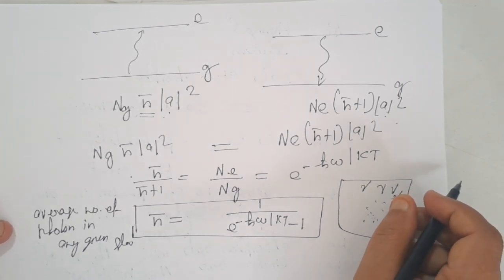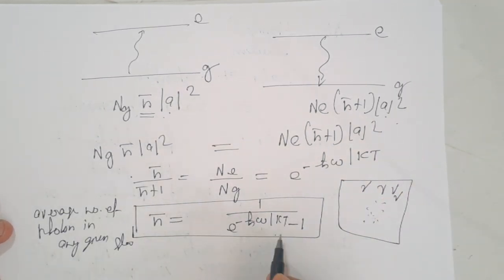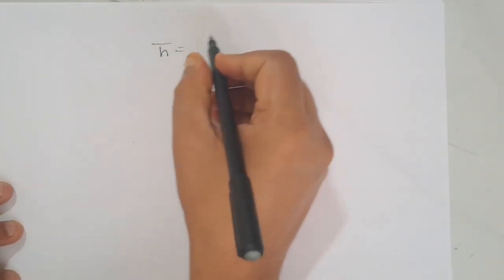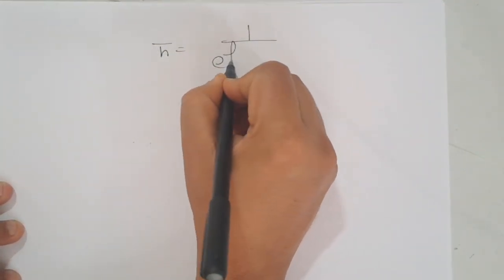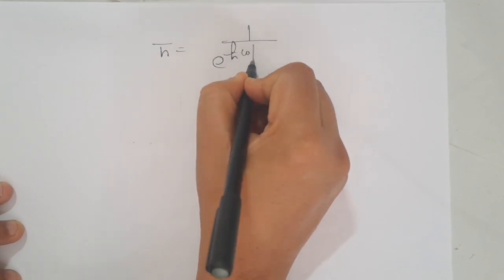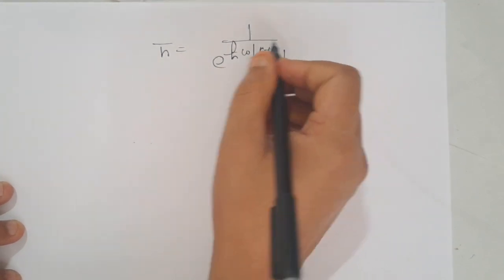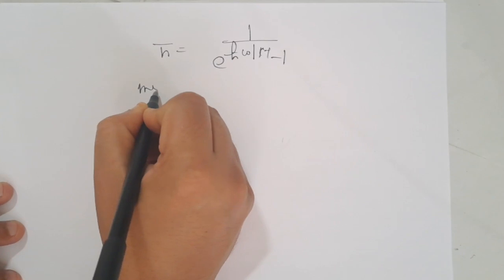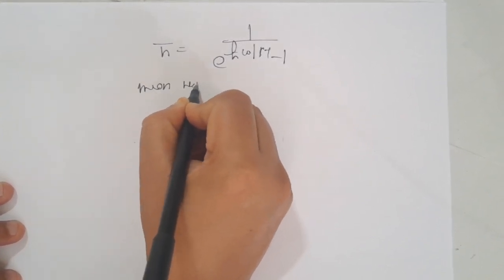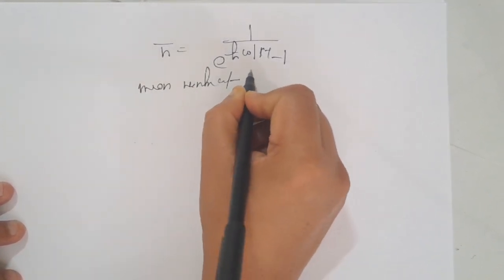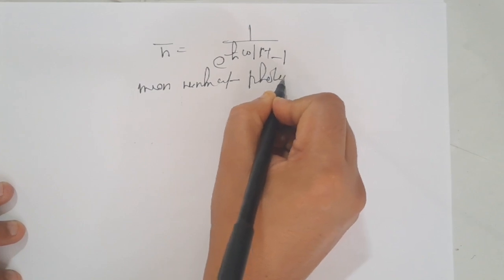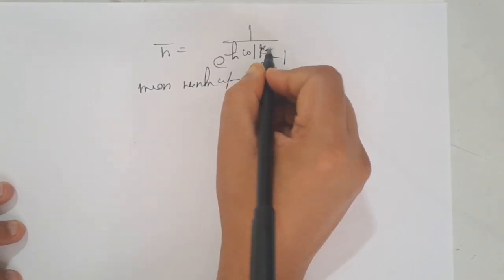So we have derived the average number of photons. This n bar equal to 1 divided by (e to the power h bar omega by kT minus 1) is the mean number of photons.